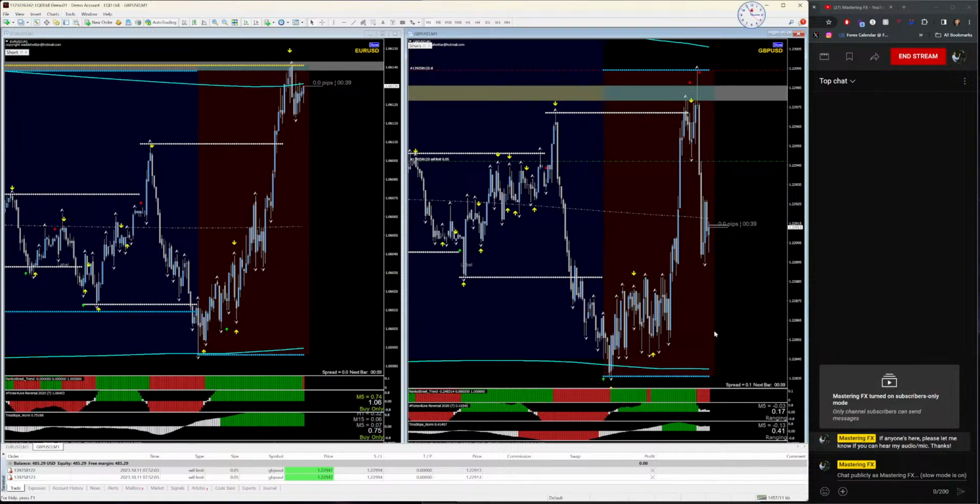Let's see if we get a tag here. Here it's still full on green.